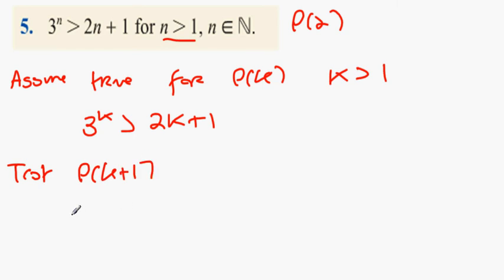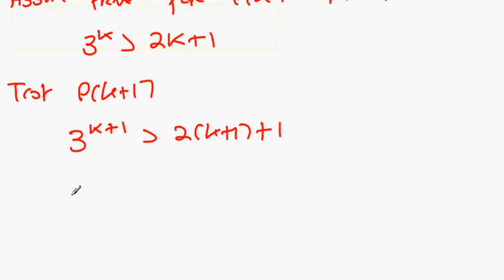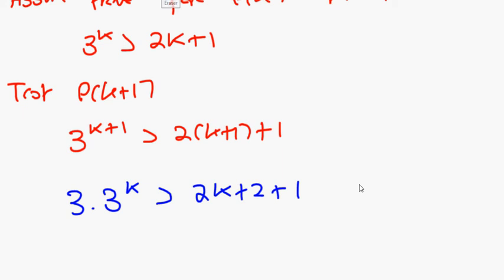And we have here 3 times 3 to k plus 1 greater than 2k plus 1 plus 1. And we're going to get here 3 times 3 to the k greater than or equal to 2k plus 2 plus 1, and 2 plus 1 obviously gives me a plus 3.